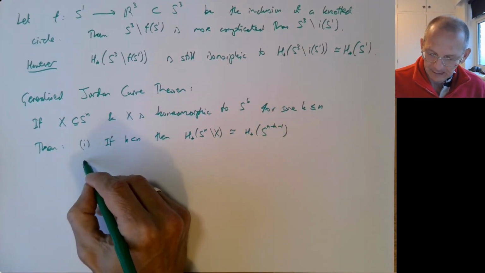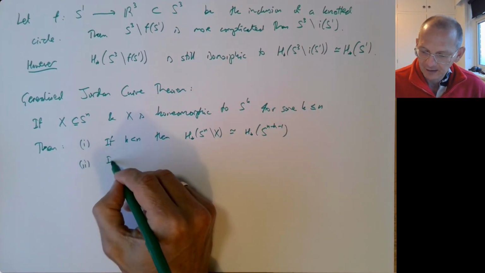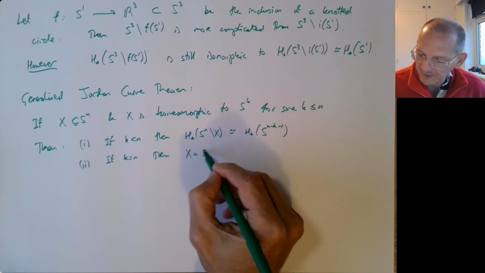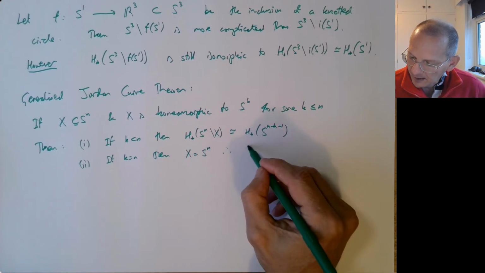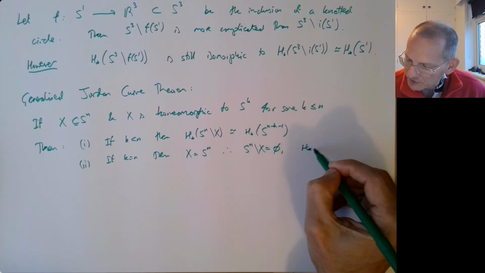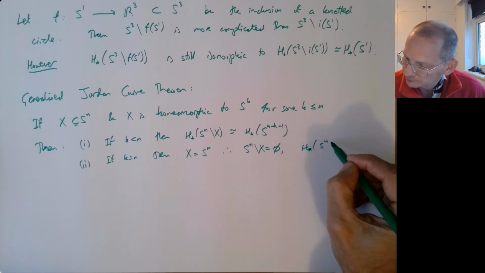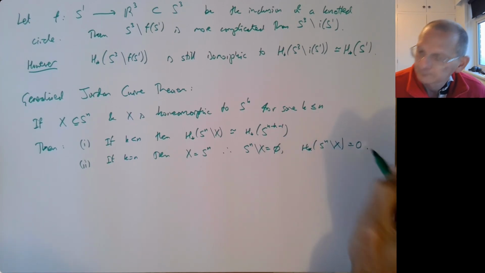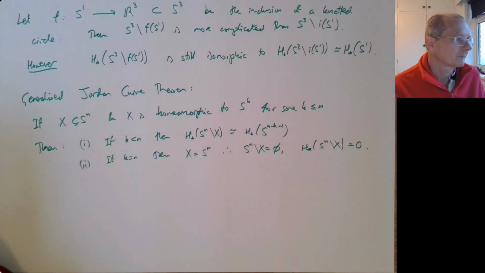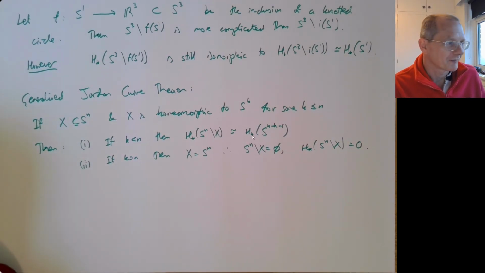And as an exceptional case, if k equals n, then X is just equal to S^n, S^n less X is empty, and the homology of the empty set is just 0. So that's our generalized Jordan curve theorem, and we'll start the proof in the next video.